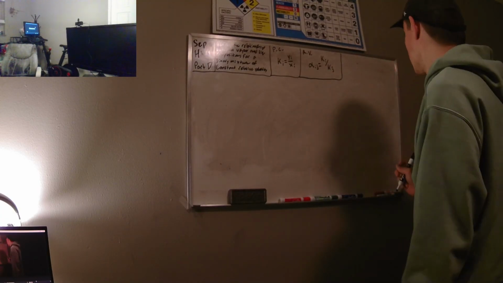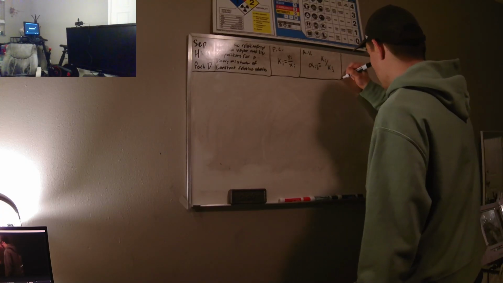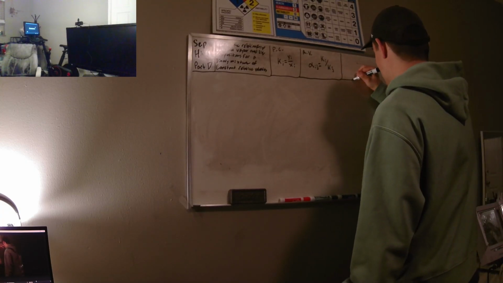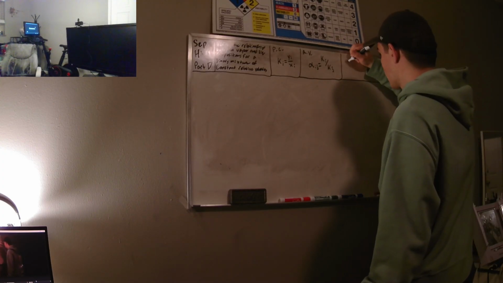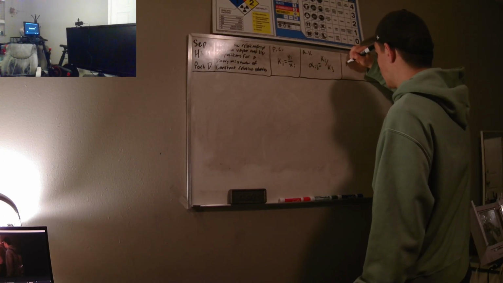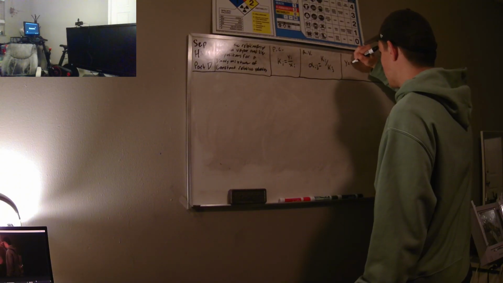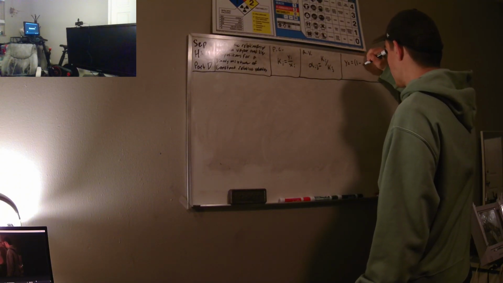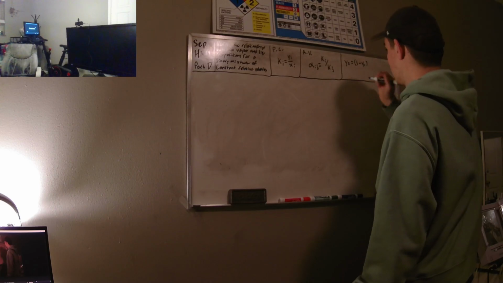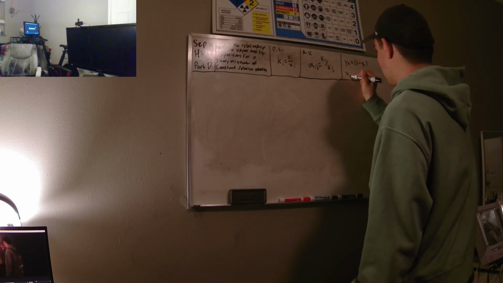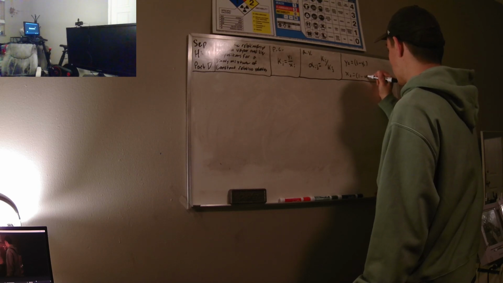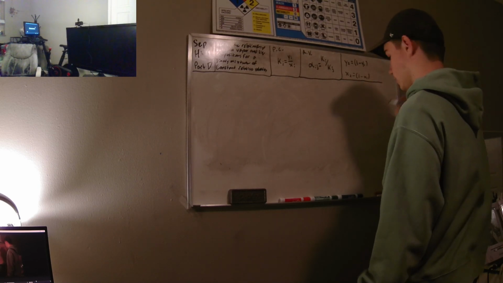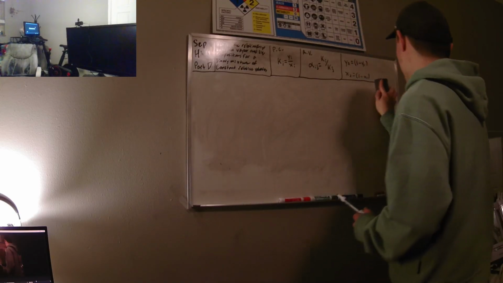And last but not least, we're going to need to remember the principle that y2 is going to equal 1 minus y1, and x2 is going to equal 1 minus x1. Alright.